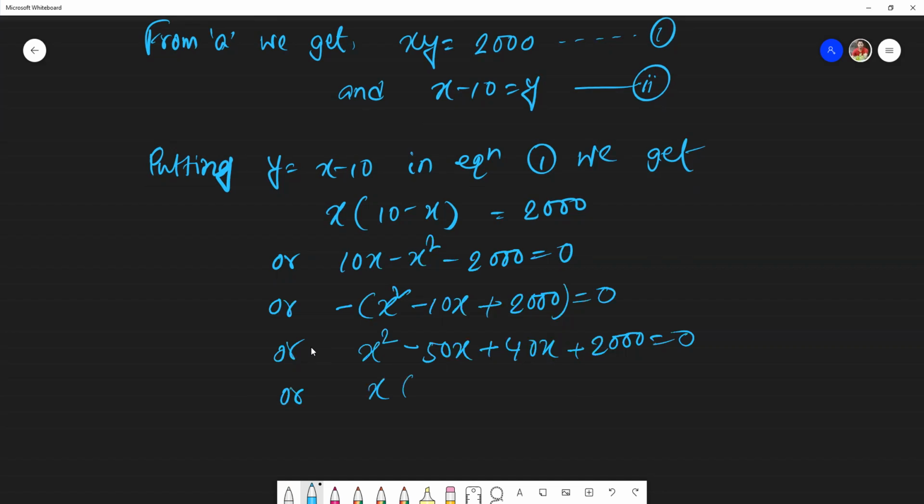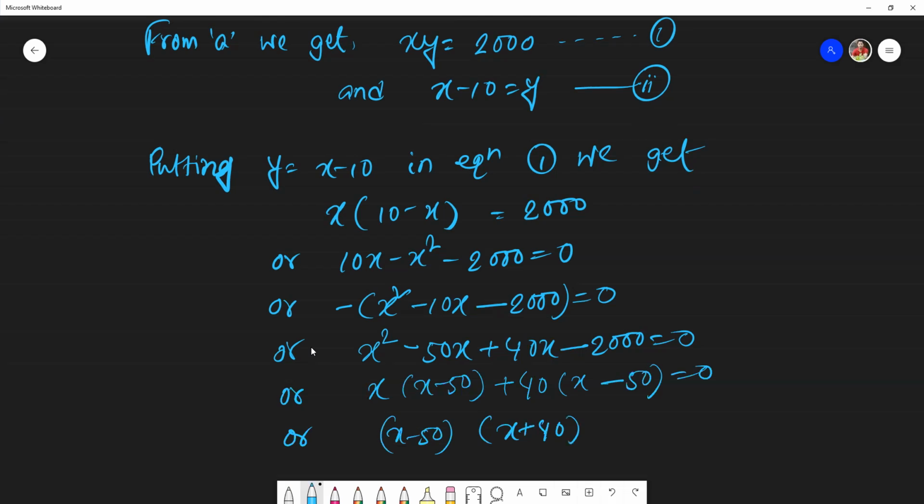Taking x common, x minus 50, and taking plus 40 common, x minus 50. We have made a mistake here with the sign. So x minus 50 is common, and x plus 40 is the other factor, equals 0.